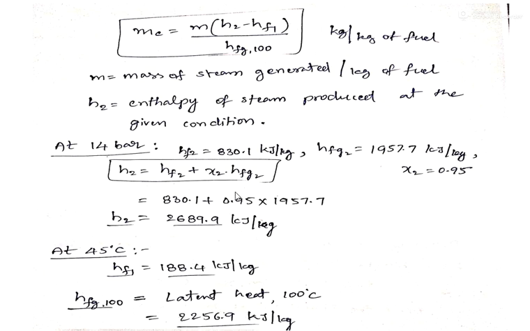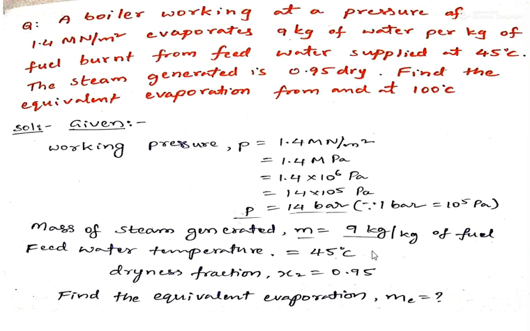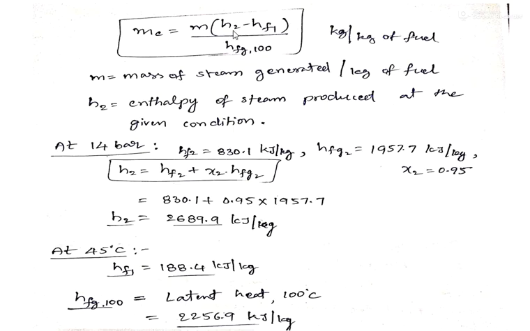So substitute all these values in the formula to get the equivalent evaporation. Here, m is given in the question itself as 9 kg, and H2 we have found as 2689.9 kilojoules per kg, Hf1 is 188.4, and Hfg is 2256.9.